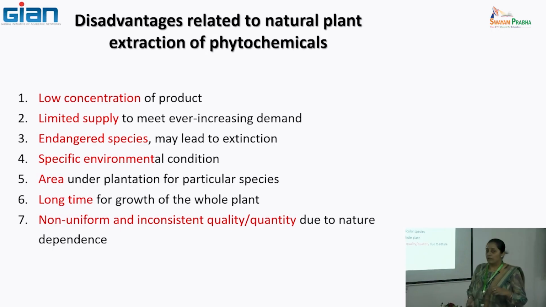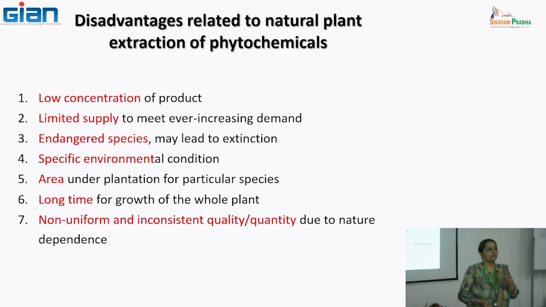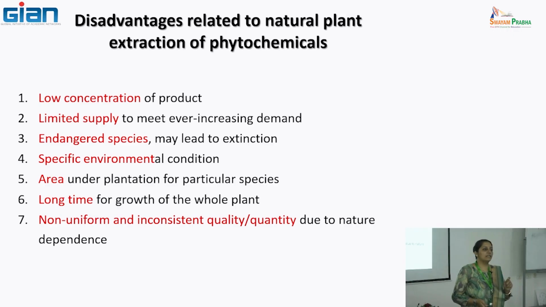Now, I did hint upon the limitations of natural plant extraction, which is very clear. Here, I'll just reiterate, because this belongs to secondary metabolism. As you would have heard from Professor Nathli, sometimes these products are produced only as per requirement. They are not always present in the plant.